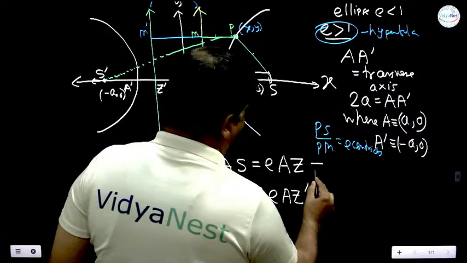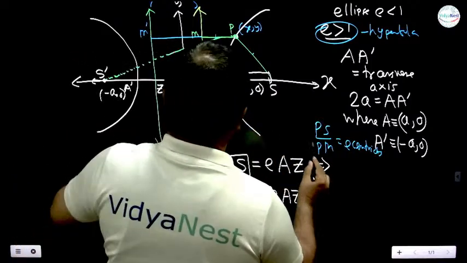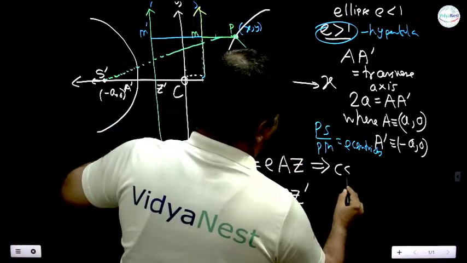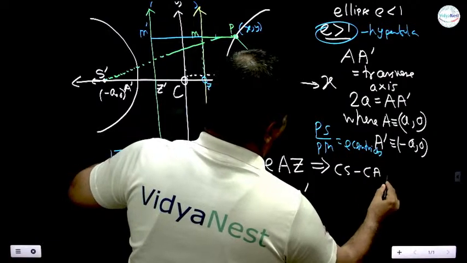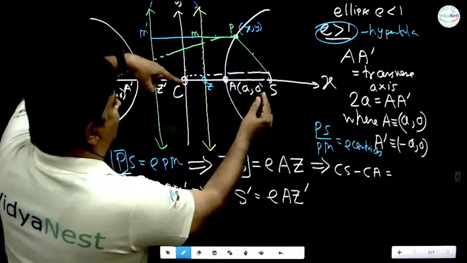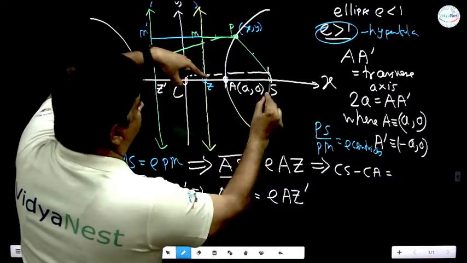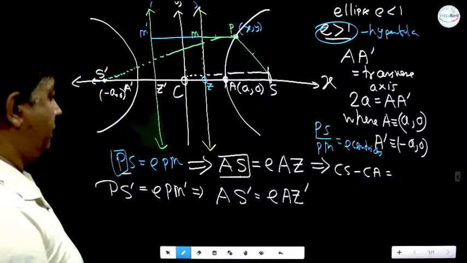Instead of this AS, I can write CS minus CA. CS minus CA will be AS. Yes, sir.